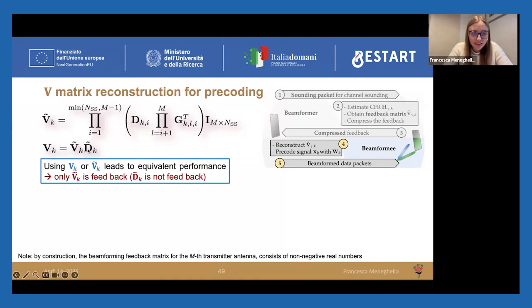And for this reason, this second matrix, the D tilde matrix, is not fed back. Again, in view of reducing the overhead for feedback transmission.